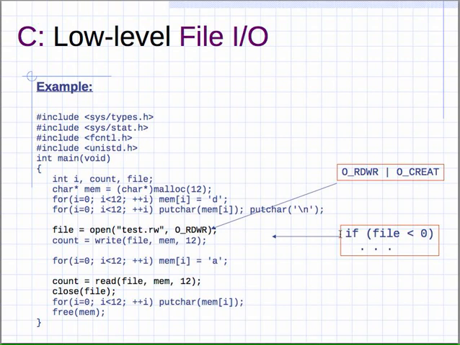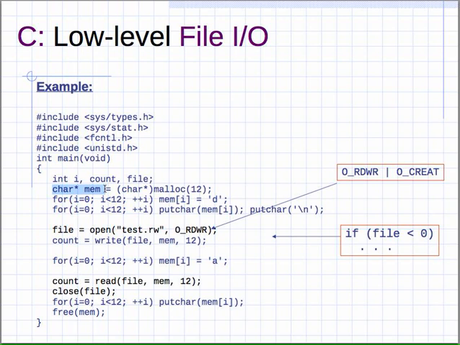So here is a slightly bigger example. In the first part of this program, you set up a chunk of memory from the heap using malloc, and you put the letter D into all 12 spots of this memory chunk. Remember, this is not a string. Even though in this case it looks like char star mem, it's reasonable to assume that it's a string.